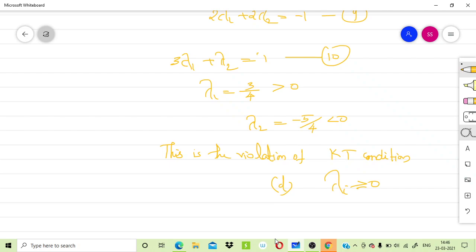So the case lambda 1 not equal to 0 and lambda 2 not equal to 0 does not give any feasible solution of the problem.